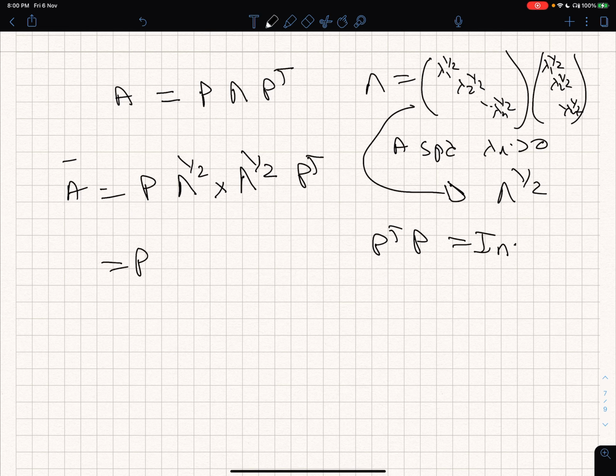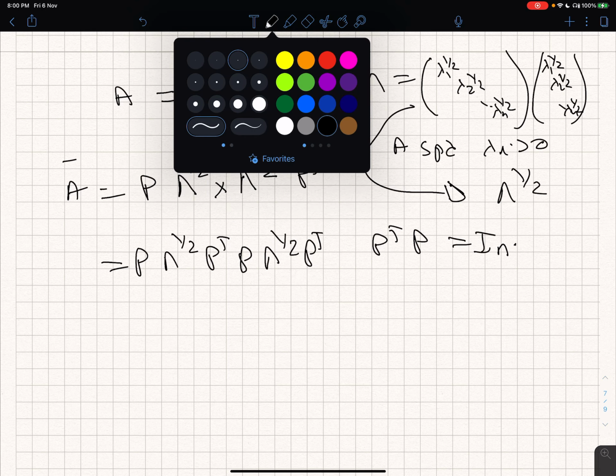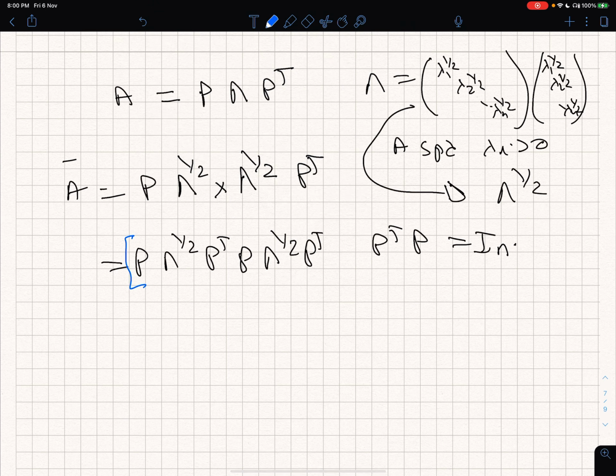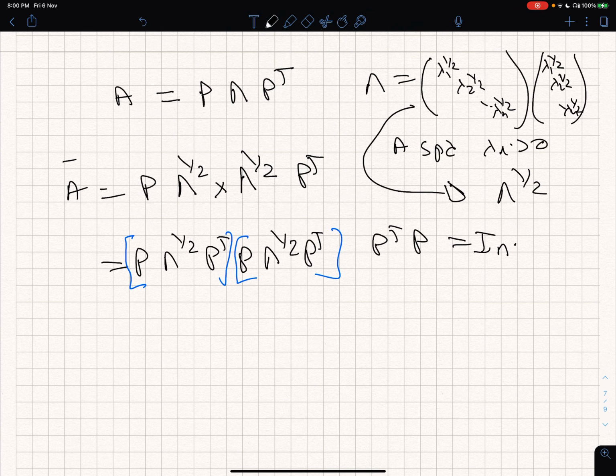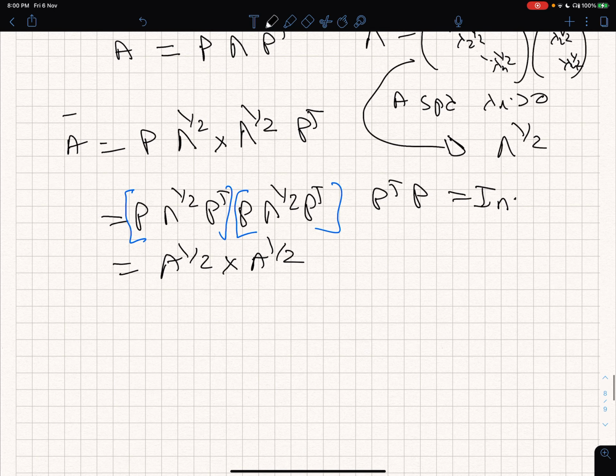So I can introduce it here in between and write this as follows. And then I am going to group this matrix and this matrix. These are two n cross n matrices that I am going to group and call A to the power half into A to the power half.